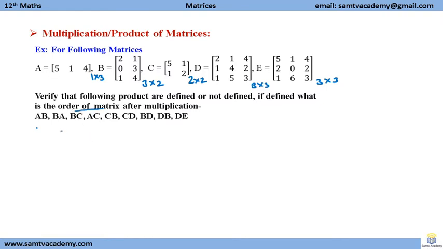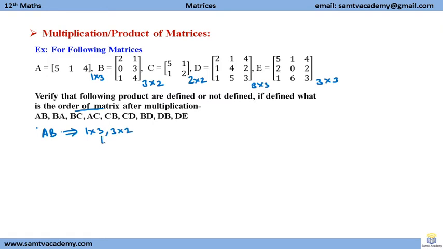First we take AB. The order of A is 1 by 3 and the order of B is 3 by 2.